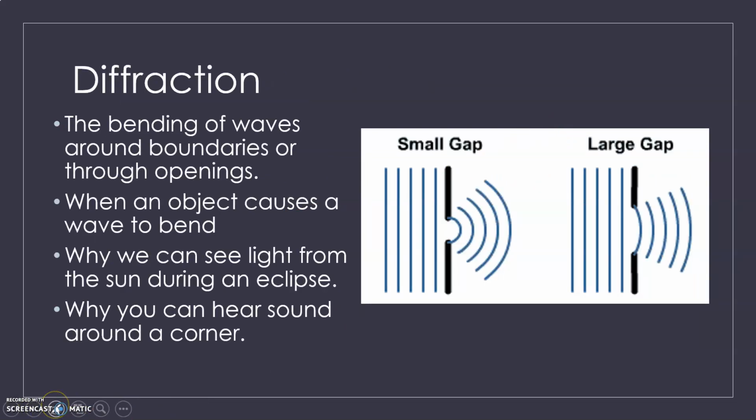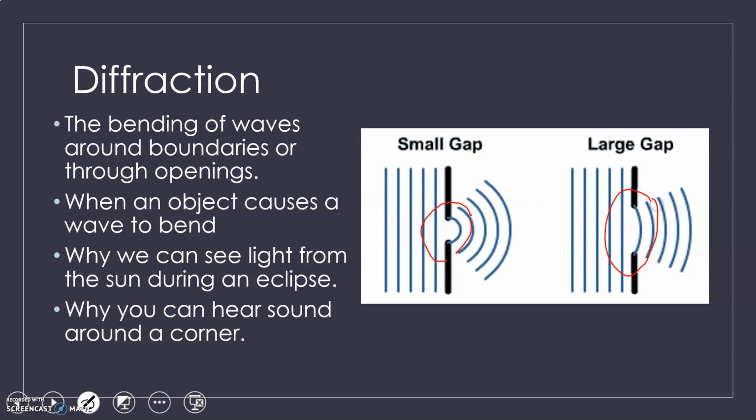So another way that a wave can be affected by another object is through diffraction. So instead of bending because of changing mediums, this is bending because of an opening or a barrier. If we look at this image here, we have a small gap or a large gap.